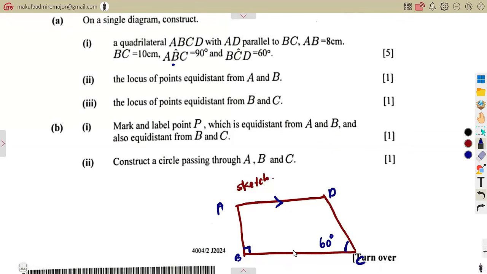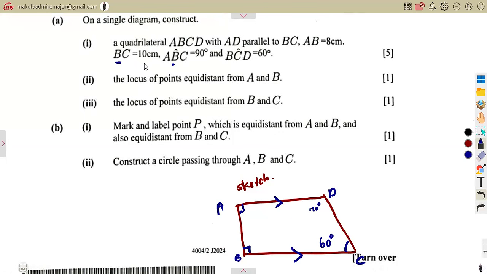AD is parallel to BC. These two sides are parallel. So if they are parallel, there is no way this angle must be 90 degrees. Remember, co-interior angles add up to 180. So 180 minus 90 is 90. 180 minus 60, this angle must be 120 degrees. This is the concept that you just understand about your parallel lines.